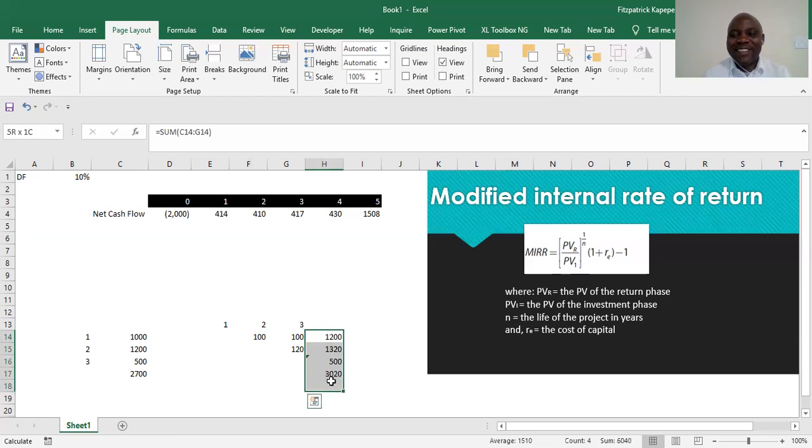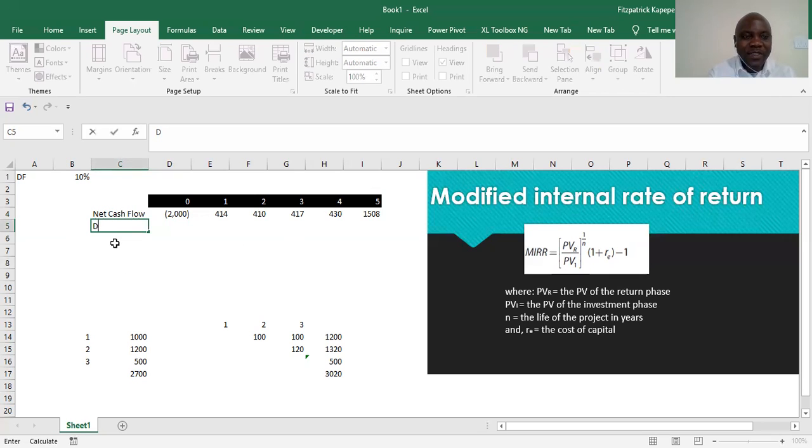Then you have the PV1, which is basically the cost, the capital outlay, to the power 1 over n, which is the number of years, and in this case it's 5 years. 1 plus the cost of capital. This is the cost of capital, the rate at which we are investing these funds. So it's very easy.